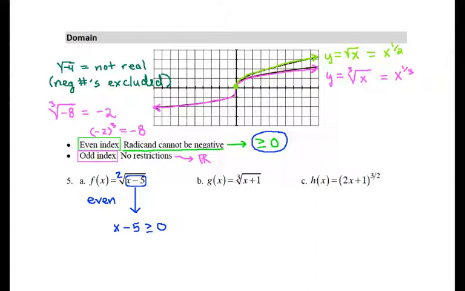That's my way of saying that it isn't negative. Saying that it is greater than or equal to 0 is equivalent to saying that it's not negative. Then I can just solve the inequality that that results in. X is greater than or equal to 5 is the same as the interval from 5 to infinity.